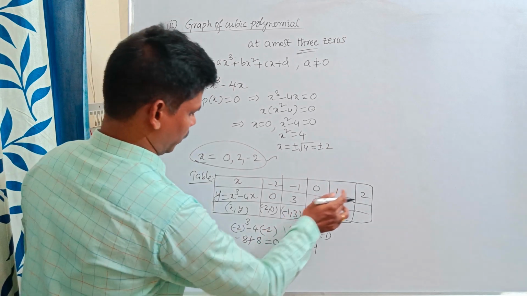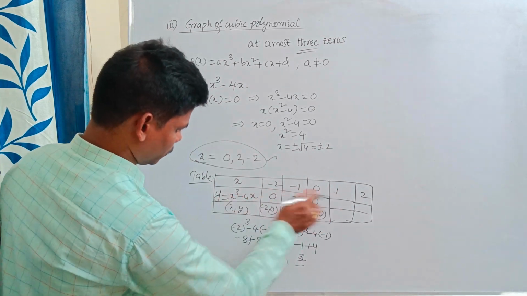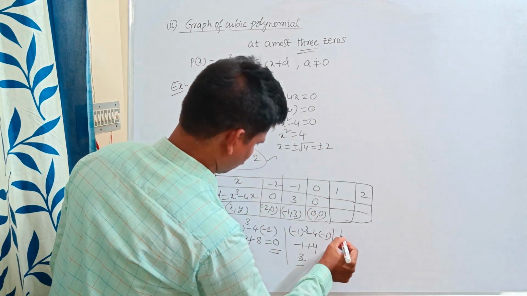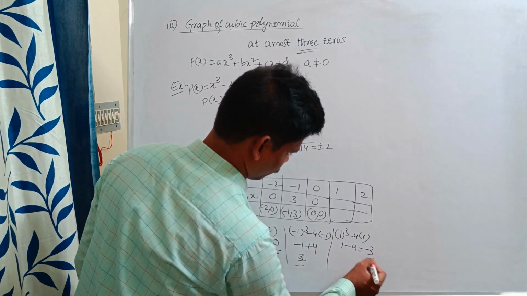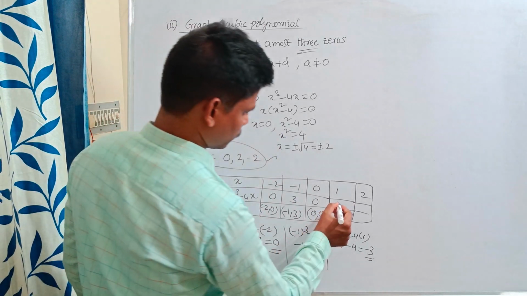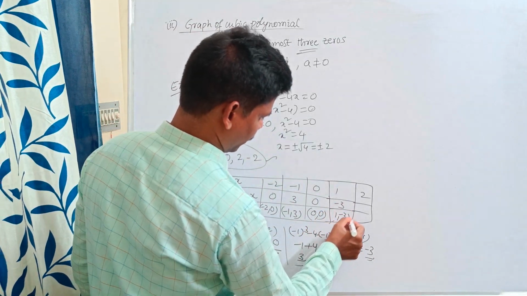Next, 1. Put 1: 1 cube minus 4 into 1, that is 1 minus 4, equal to minus 3. So this is 1 comma minus 3.